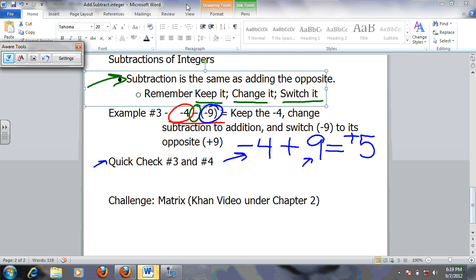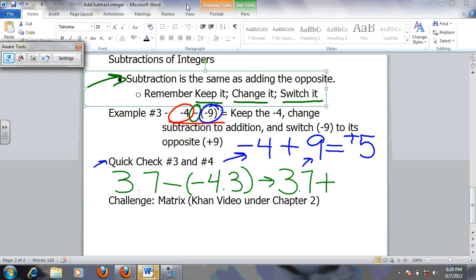This is C. 3 7/10 minus -4 3/10. That becomes keeping 3 7/10, changing subtraction to addition, and switching the sign of -4 3/10 to 4 3/10. That answer becomes 8.